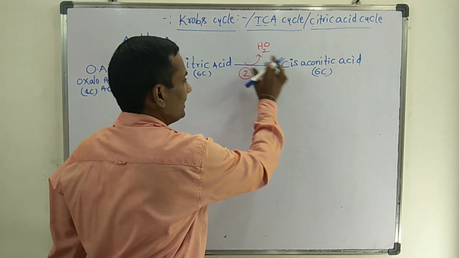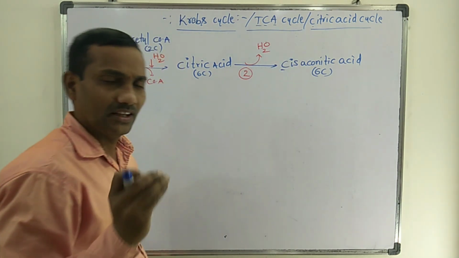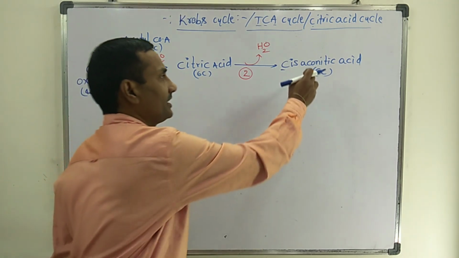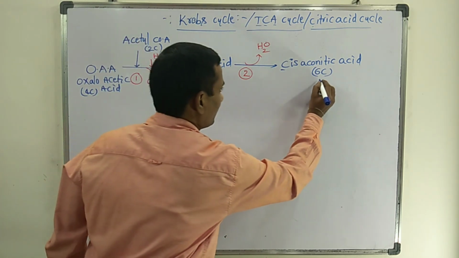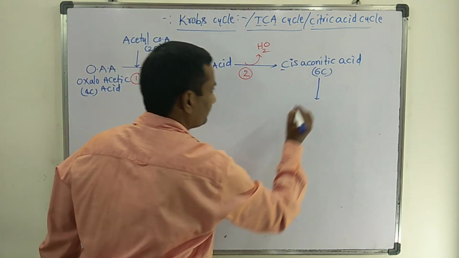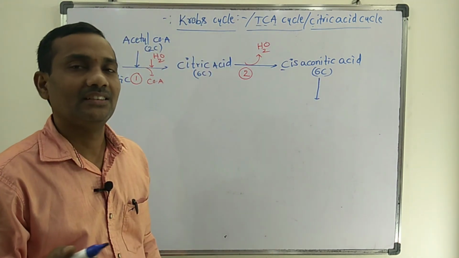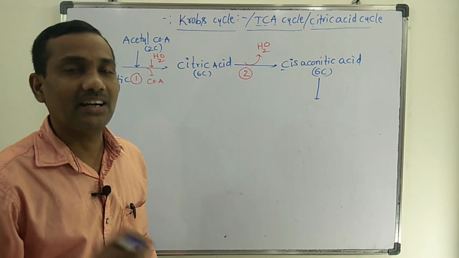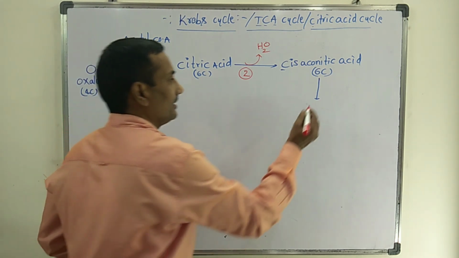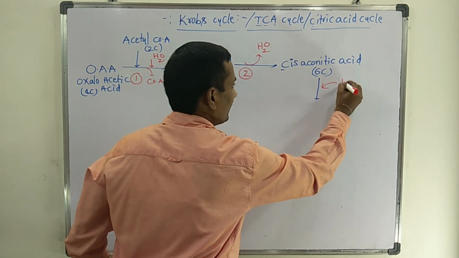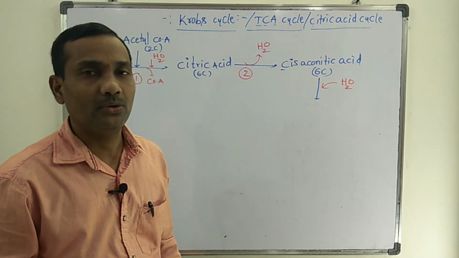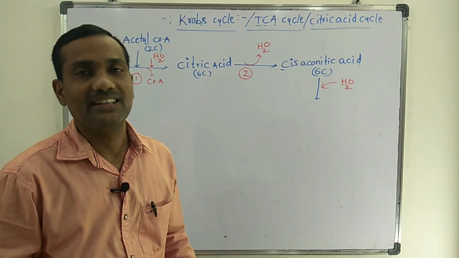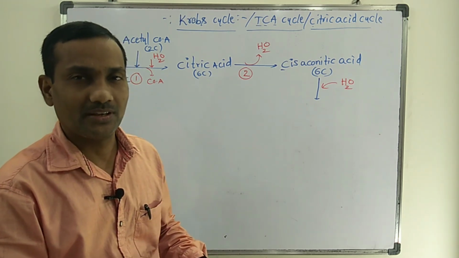Because of dehydration, a 6-carbon compound, cis aconitic acid, is formed. Next, the third step is hydration. Because of adding of water, that step is known as hydration. Addition of a water molecule is called hydration. That is the third step.